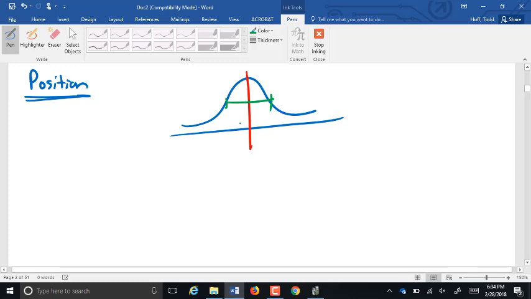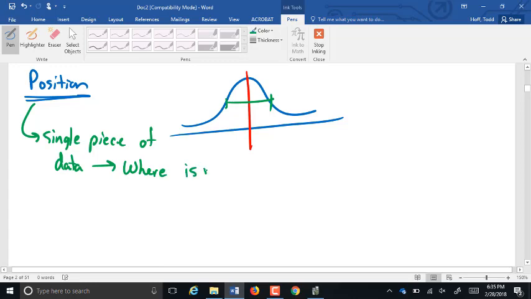Position is where we're looking at a single piece of data, one single number in most cases, and finding out where it is relative to the rest.